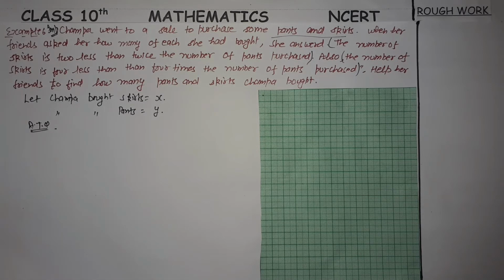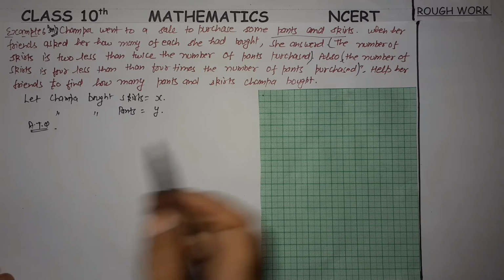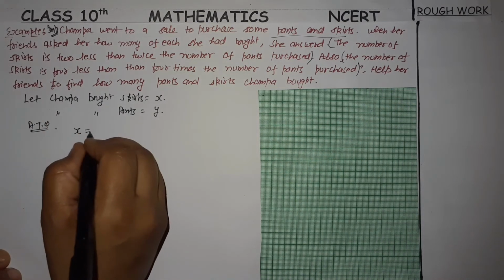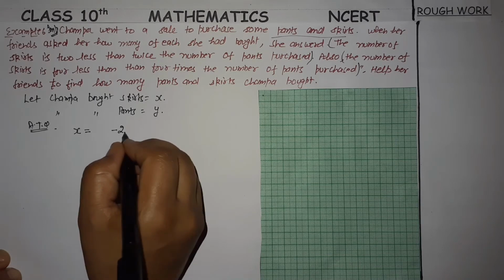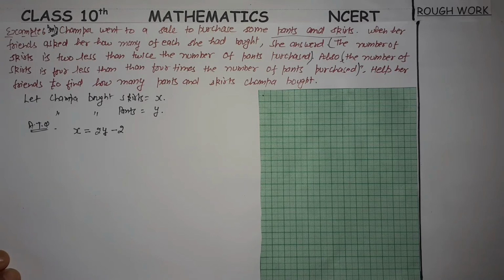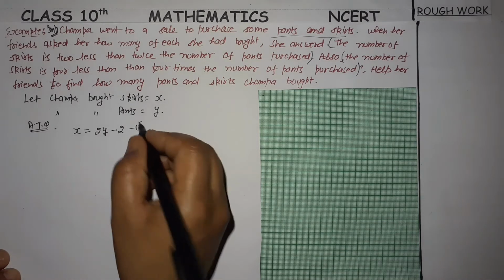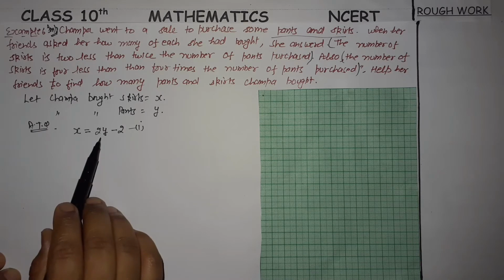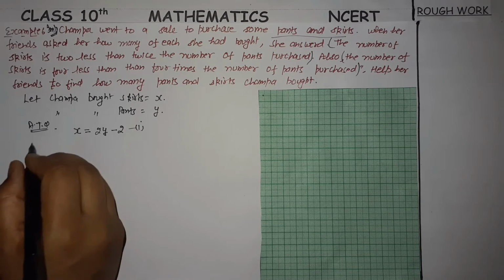According to the question, the number of skirts, that is x, is 2 less, minus 2, than twice the pants she purchased. Equation number 1.